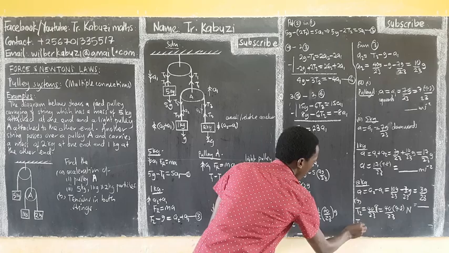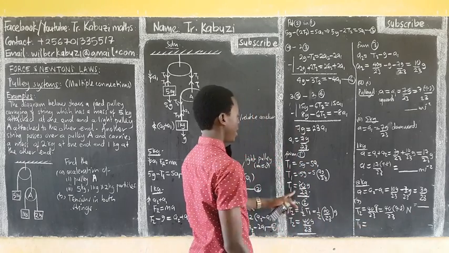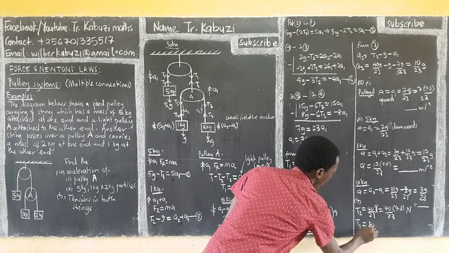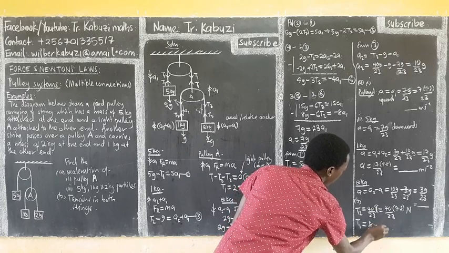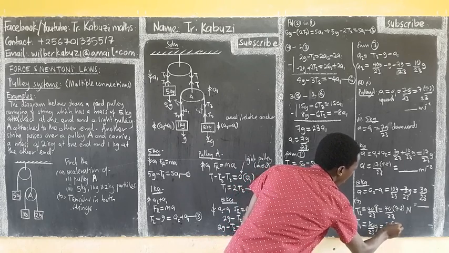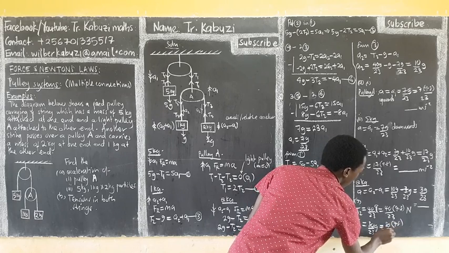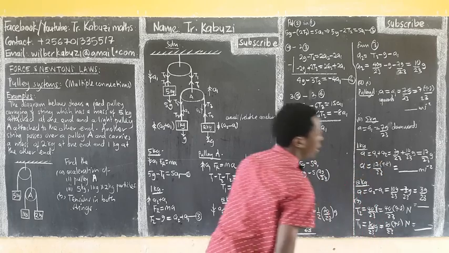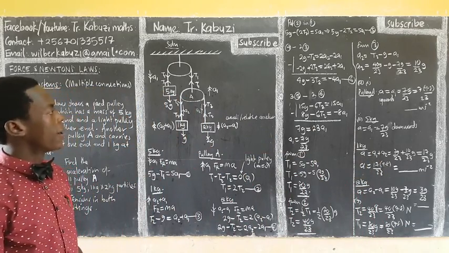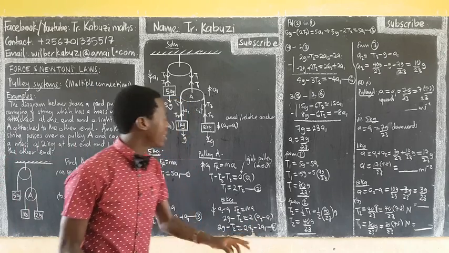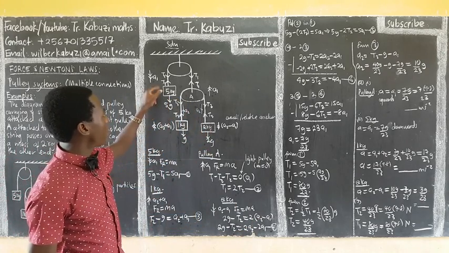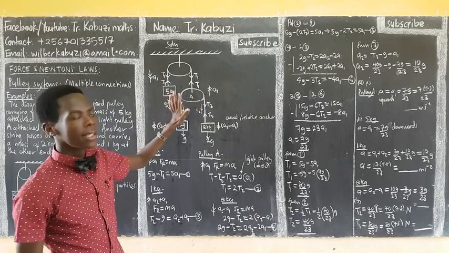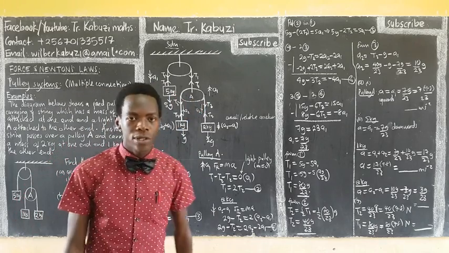Then T1 is going to be 80 over 23 g, which will be 80 into 9.8 over 23 newtons. You give your answer in newtons to decimal places. So that's how we handle it. The idea is, I think you see that it depends on the direction of these two things. So that's it. I wish you well.